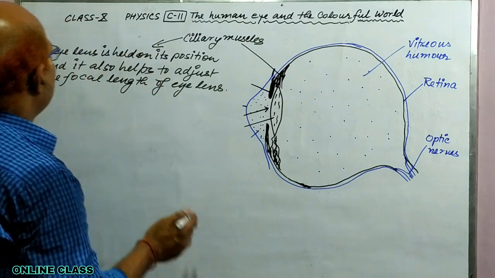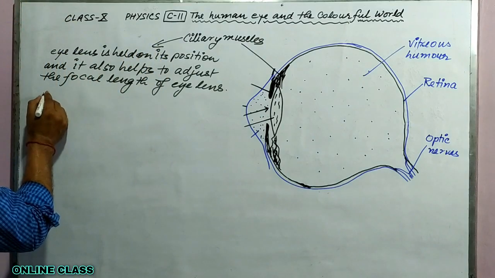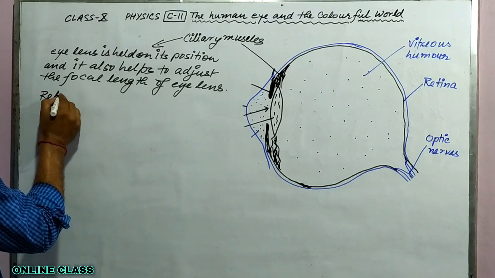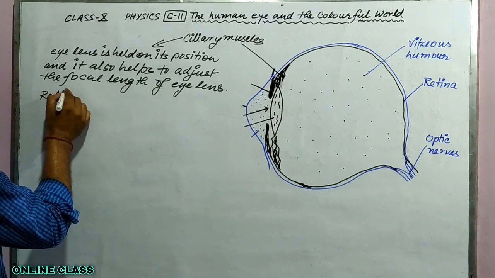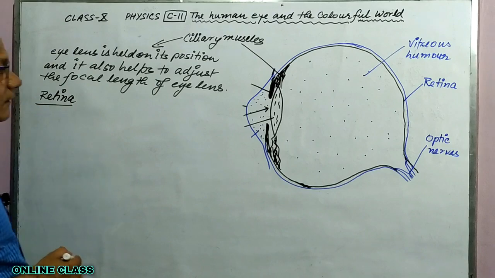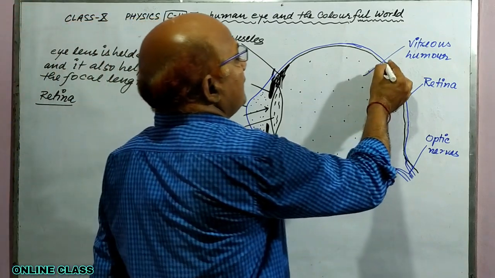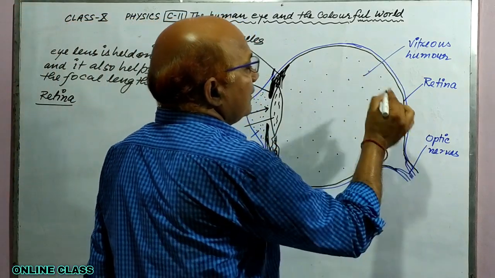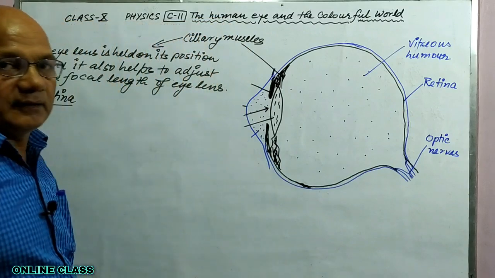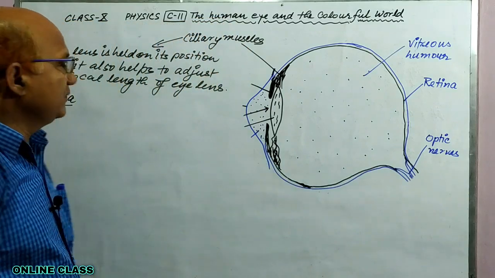And now, next part is retina. Actually, this is retina. Here image is formed.